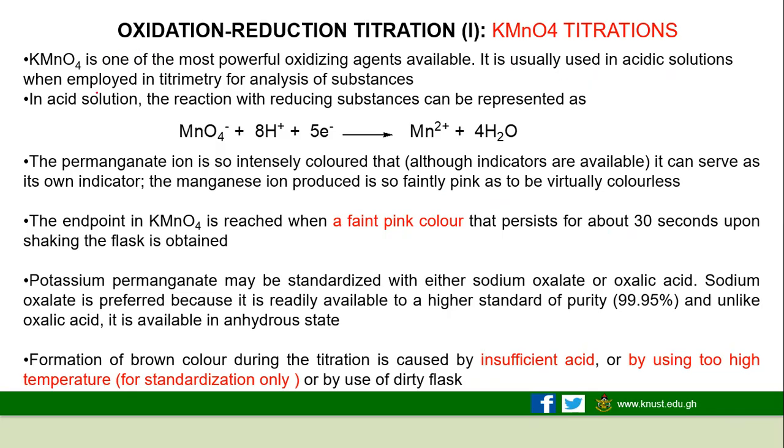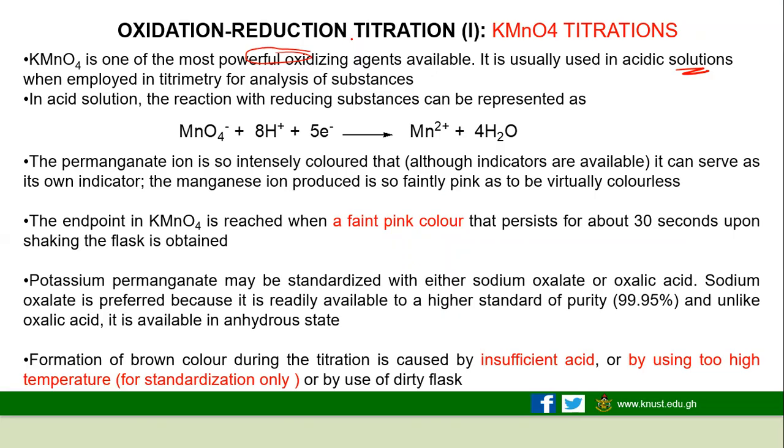So we are seeing that KMnO4 is one of the most powerful oxidizing agents available. It is usually used in acidic solutions when employed in titrimetry for analysis of substances. Now, KMnO4 is very powerful, among the most powerful examples I have in my head.